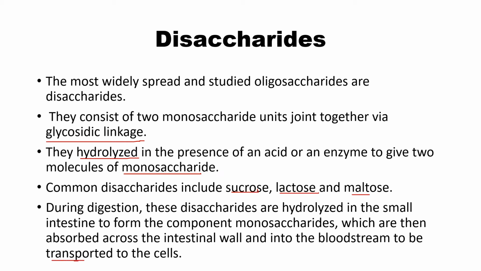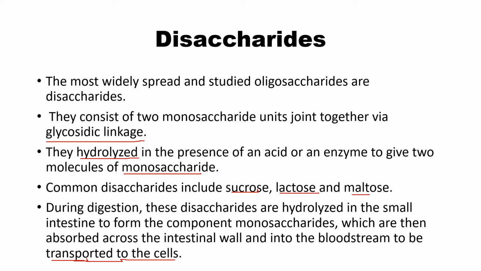Students, oligosaccharides or disaccharides are not directly absorbed in the intestine. First of all, they are hydrolyzed into monosaccharides, which are smaller subunits. Then they cross the intestinal wall into the bloodstream to be transported to the cells. So it's a common and very important question.